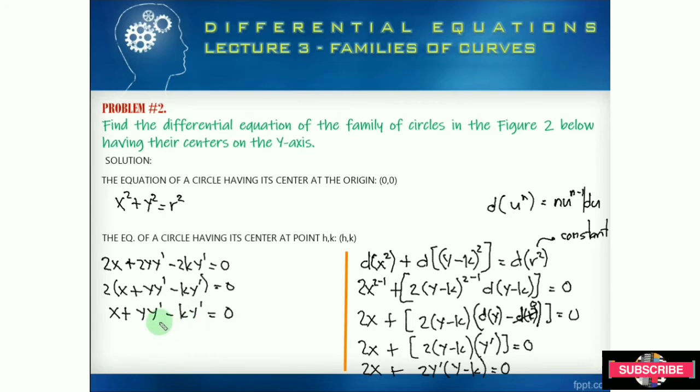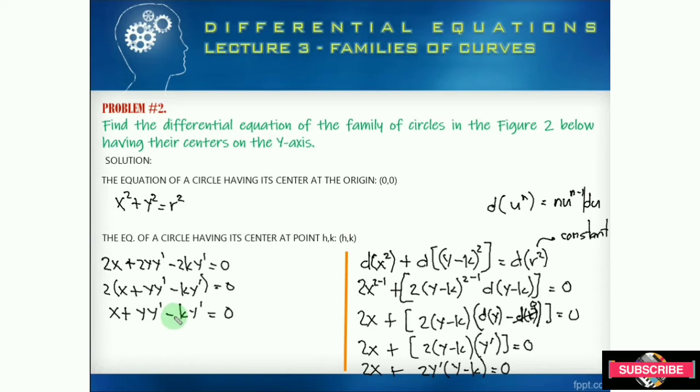Since we still have this variable k, it is not yet a differential equation. So we need to eliminate this k for us to arrive at the differential equation for this family of circles. So we need to get the equation of this variable k in terms of our x, y, and y prime.